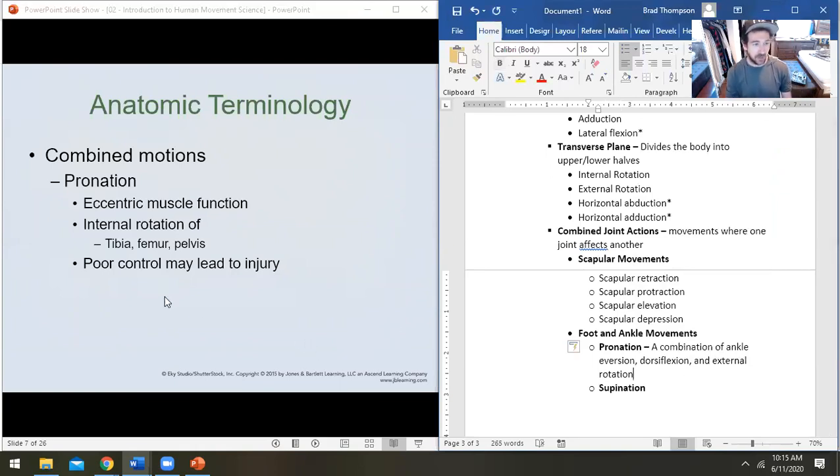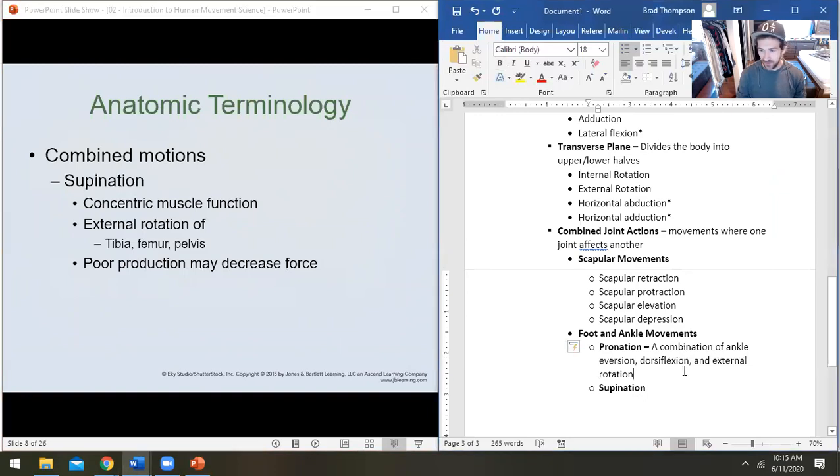All right. Let's go ahead and look at supination here. Supination is a combination of ankle inversion, plantar flexion, and internal rotation. Oh, shoot, I forgot to put this up here.